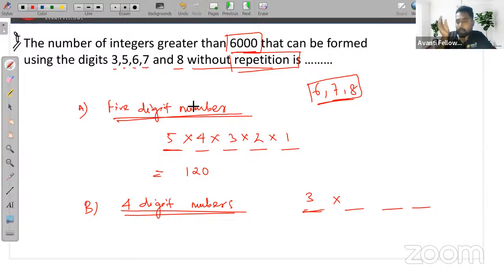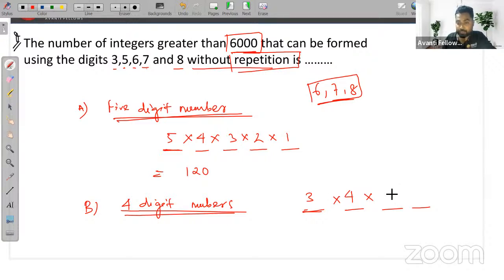Now if we used 1 digit already for the first place, then for the second place how many options do we have left? From 5, already 1 is used. That means we have 4 options for the second place. And for the third place, how many options are left?